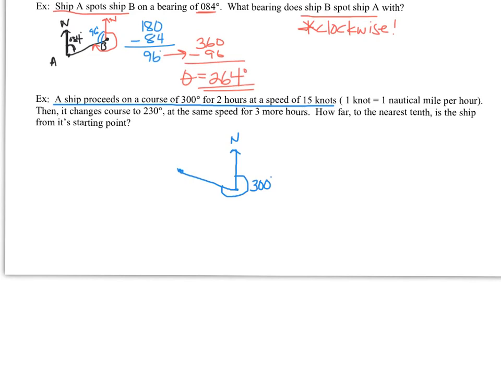Now notice it says for 2 hours at a speed of 15 knots, which is nautical miles per hour. The length of that segment then would be 2 times 15, which would be 30 nautical miles. So I'm just going to label that 30. All right, from there it says the ship then changes course to 230. Anytime it changes course, we have to draw our due north again.